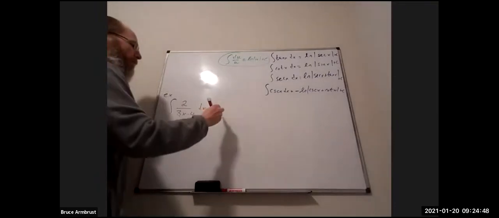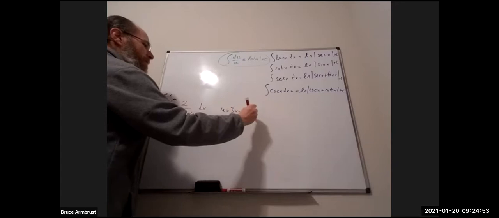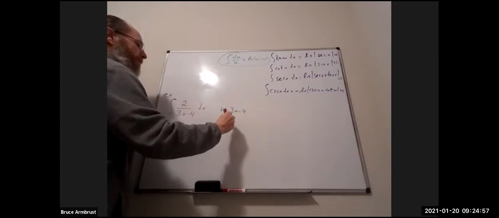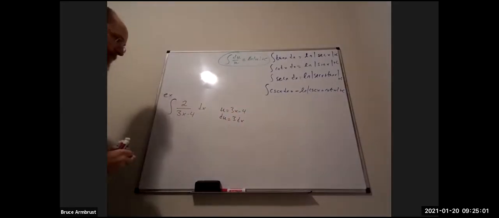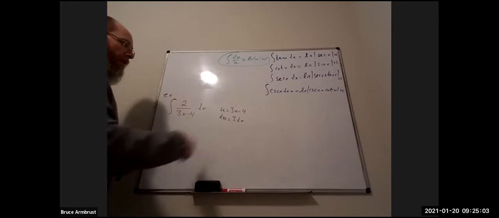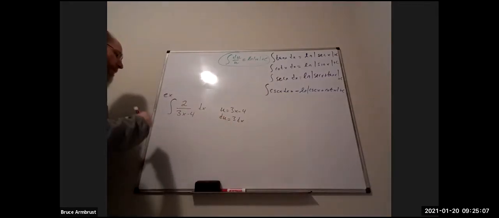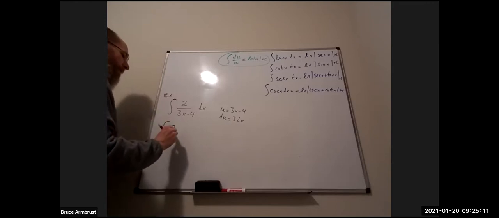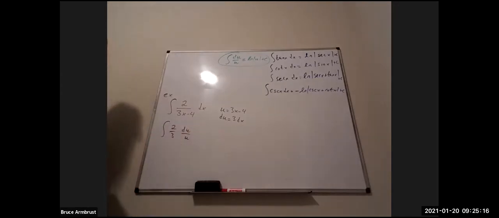Let's let u equal 3x minus 4. So then du is equal to 3 dx. So that means when I replace my dx, I'm going to get du over 3. But this is going to now be the integral of 2/3 du over u.